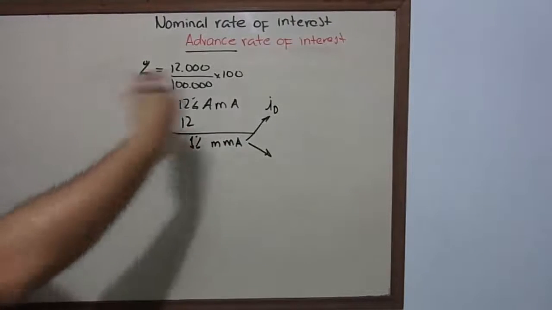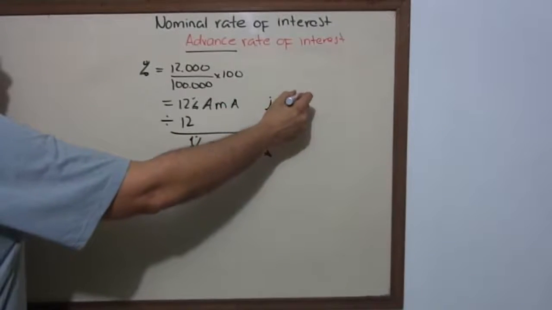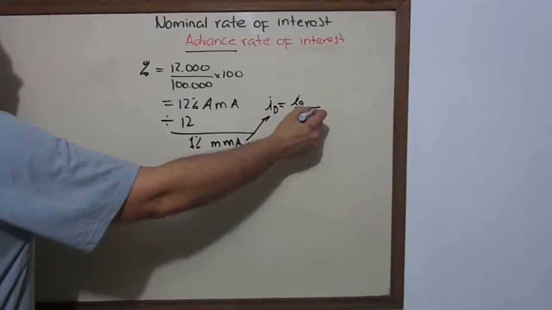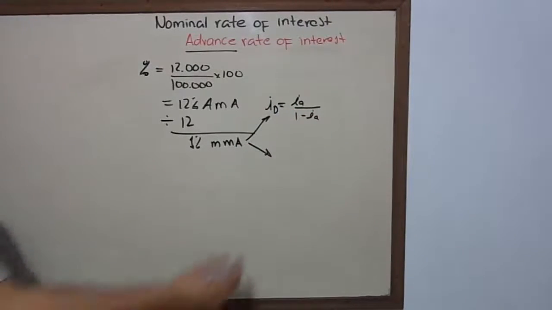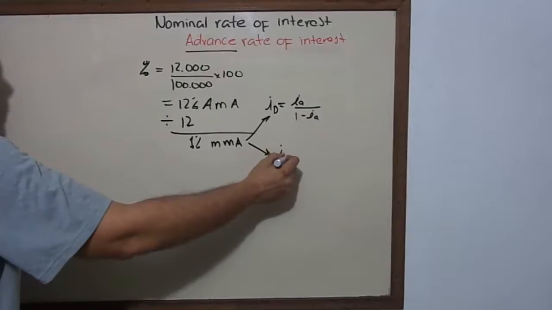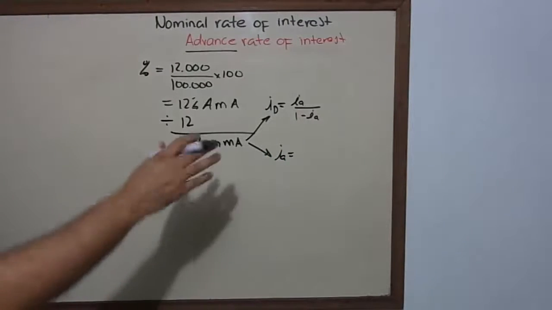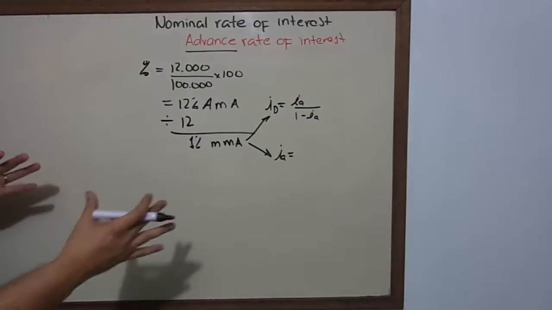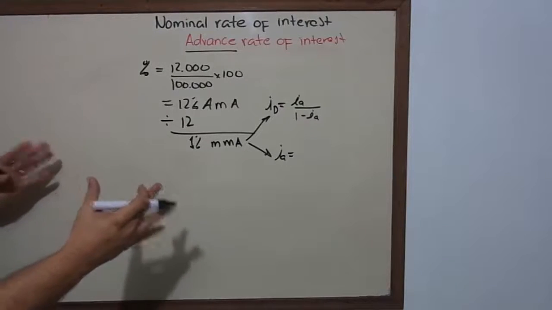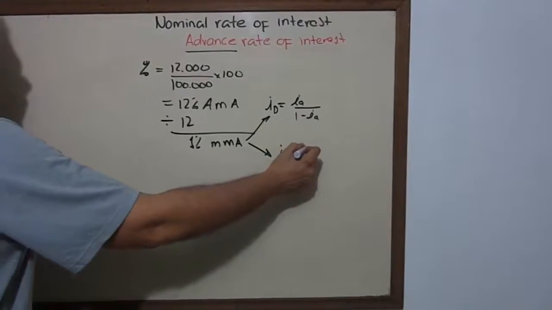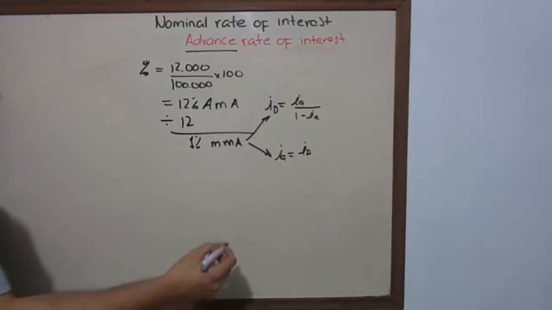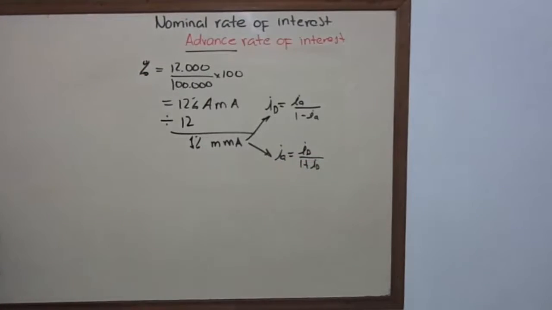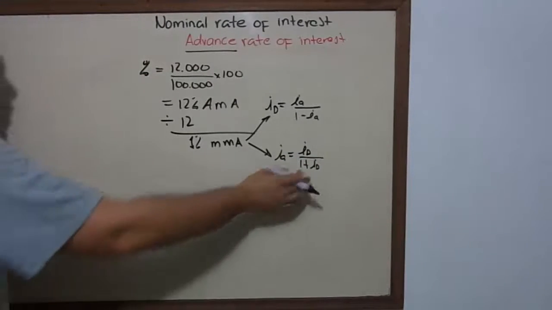A due rate equals an advance rate over 1 minus the advance rate. And if we need to find the advance rate for any reason, well, here in Colombia we need this a lot because this is a very hostile banking system, it is the due rate over 1 plus the due rate.